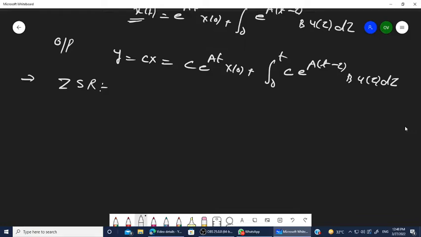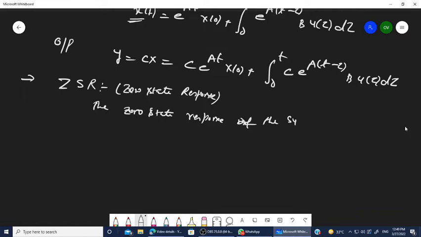It is the zero state response, which is the response of the system to input with initial conditions set to 0.